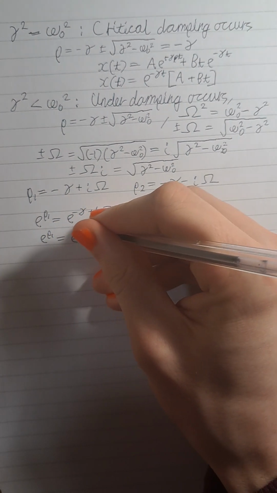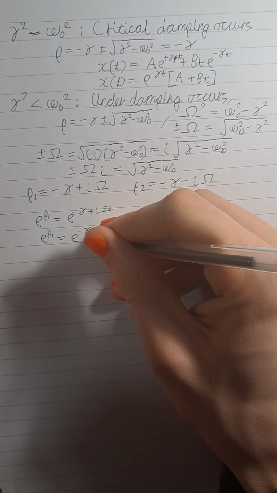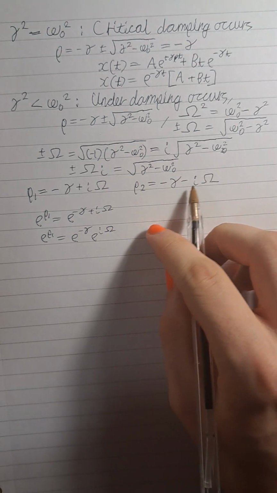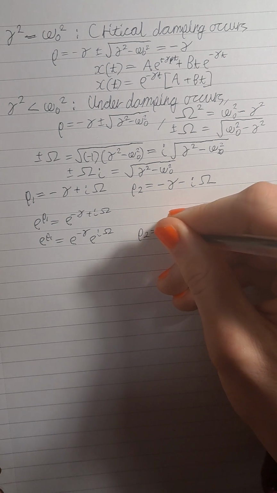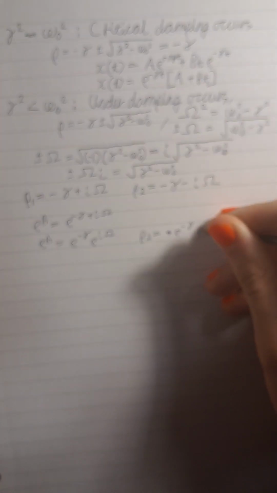I'm not quite sure. Then we can have e to the minus gamma, and then e to the I omega here, and we can do pretty much the same thing for this. So P2 is going to be equal to e to the minus gamma, e to the minus I omega, like that.